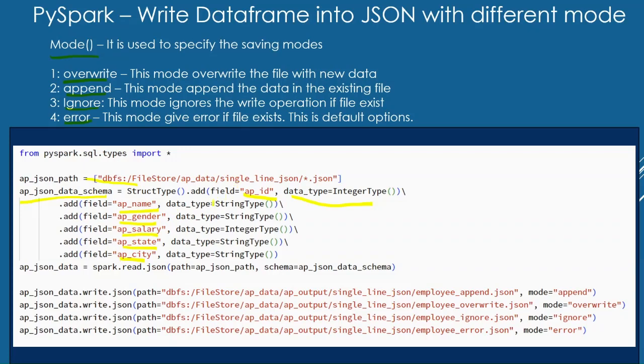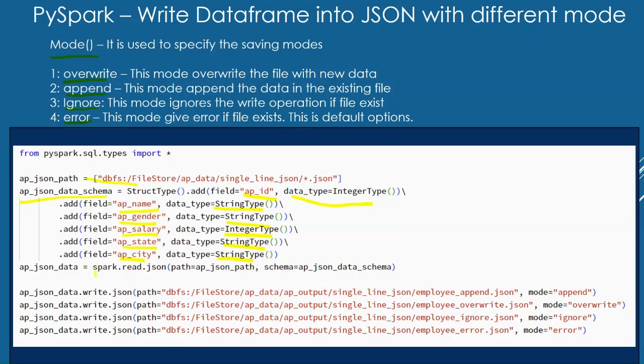And we are defining which kind of data type it would be. For name, it is string type. For gender, it is string type. For salary, it is integer type. For state, it is integer type. And for city, it is string type.